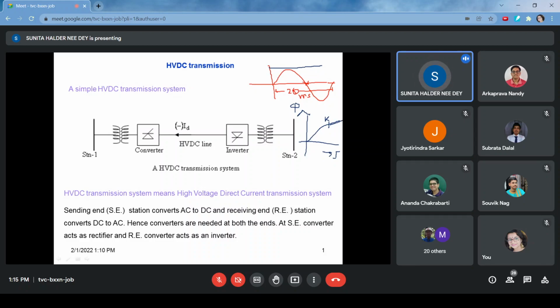Before the knee point, the slope of the curve is more or less constant, or its change is very low. So B by H, that ratio, is more or less constant, which we call mu. But beyond the knee point, B by H is not constant. Every time it is changing. That's why inductance is changing.